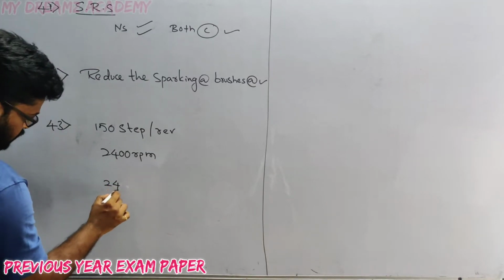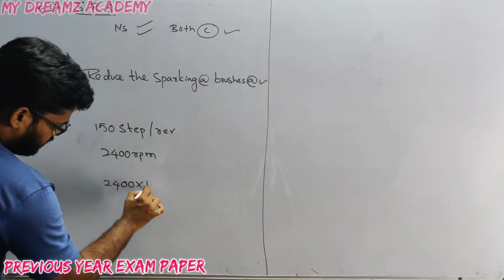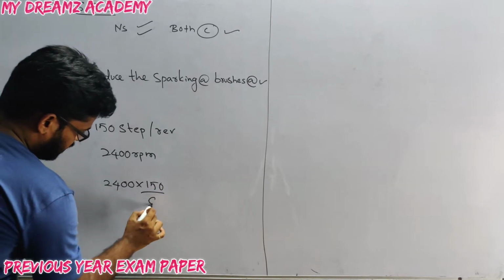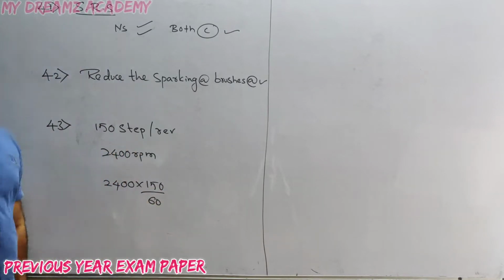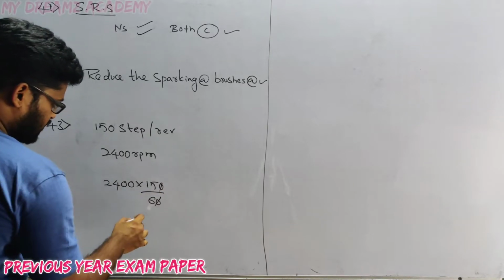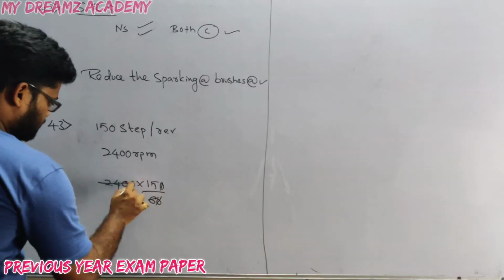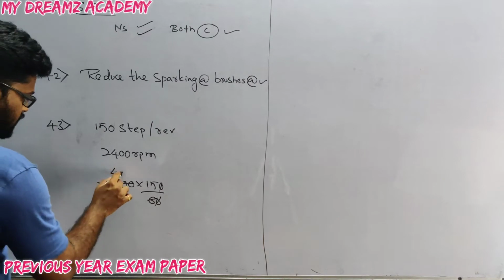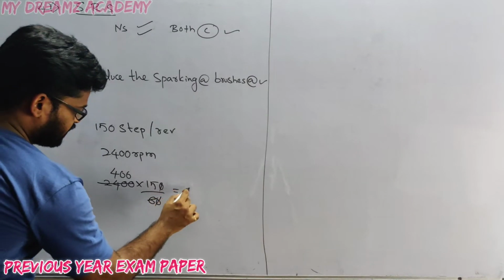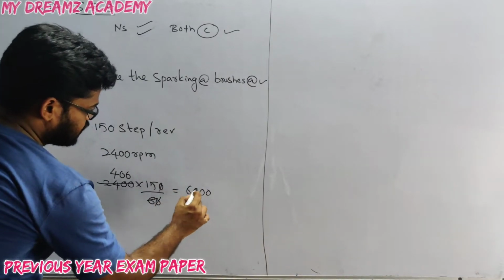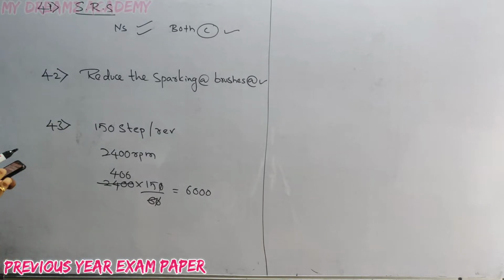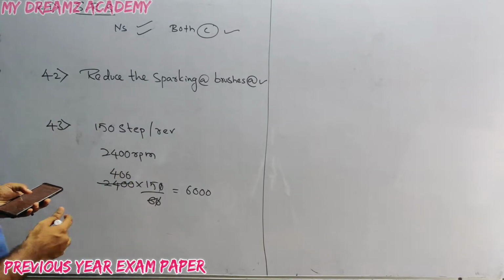Simple: 2400 into 150, divided by, this is per minute, so we divide by 60. The zeros get cancelled, 6 ones are 6, 6 fours are 24, into 15, it will give 6000. The answer is 6000 pulses per second.